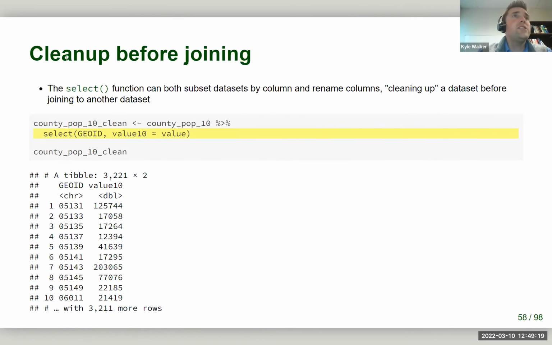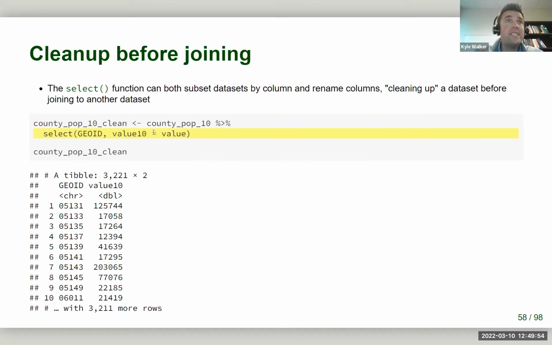And so what I'm going to do is go back to the handy select function. And an extra bonus of the select function is that while you're selecting, you can actually rename your columns in the process. So what I'm doing is creating an object here called county_population_10_clean that is derived from my population_10 data set, where I take that data set, then I select the GEOID column and the value column as value10.